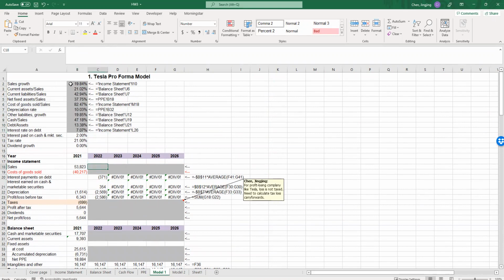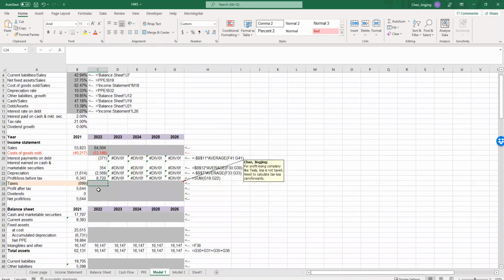So for sales, it's growing at a growth rate here, so equals 1 plus the growth rate. And for cost of goods sold, it equals minus cost of goods sold times sales. It's proportional to the sales. For taxes, I'll leave taxes for later.